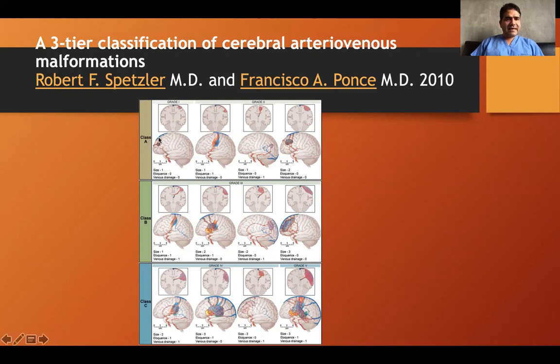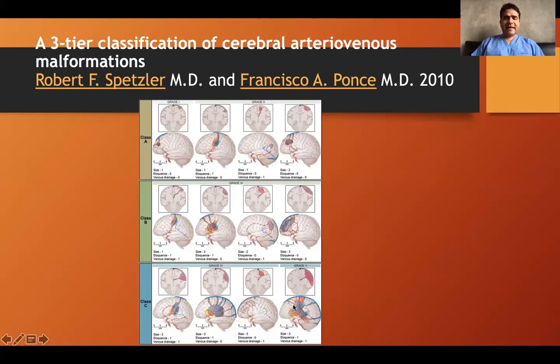In class A, they have grouped Spetzler-Martin grade 1 and grade 2, class B is Spetzler-Martin grade 3, while class C is a combination of Spetzler-Martin grade 4 and grade 5. The results showed few significant differences in outcome between grade 1 and grade 2, and between grade 4 and grade 5.